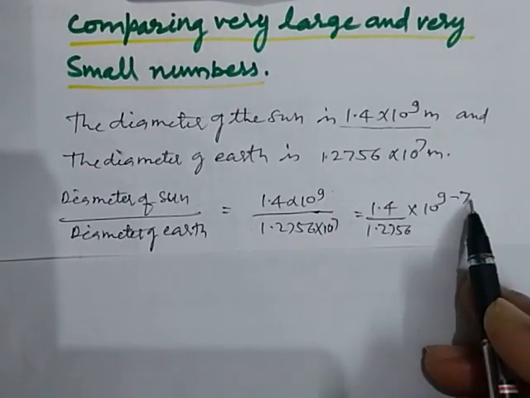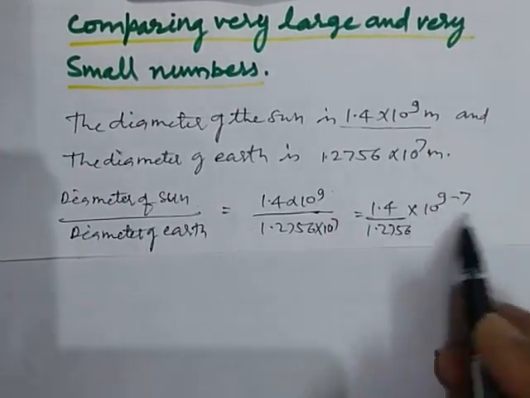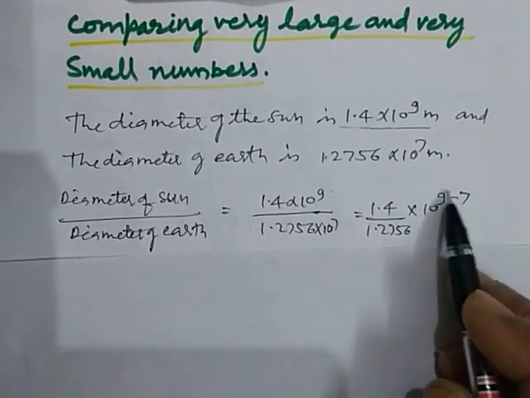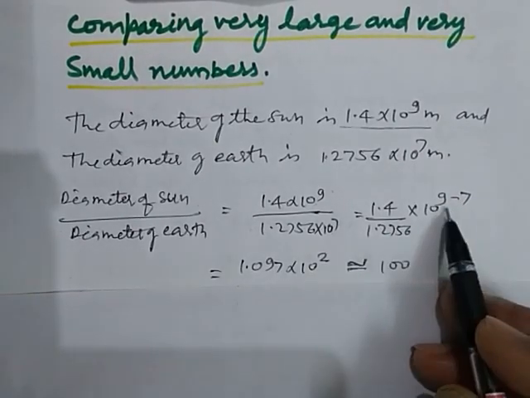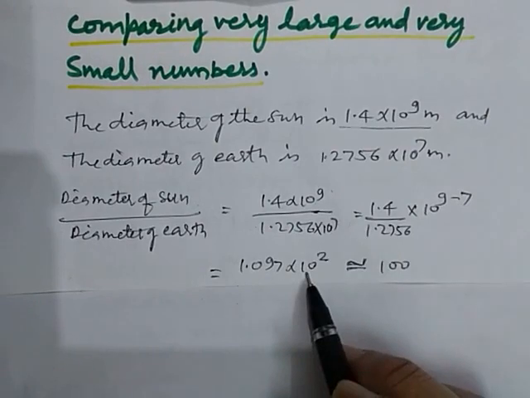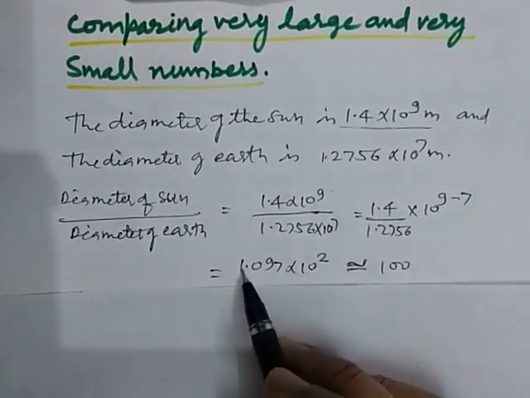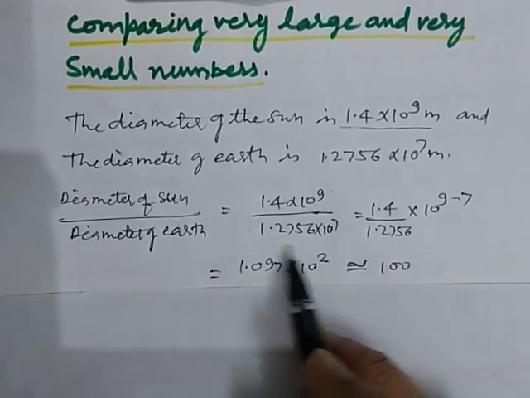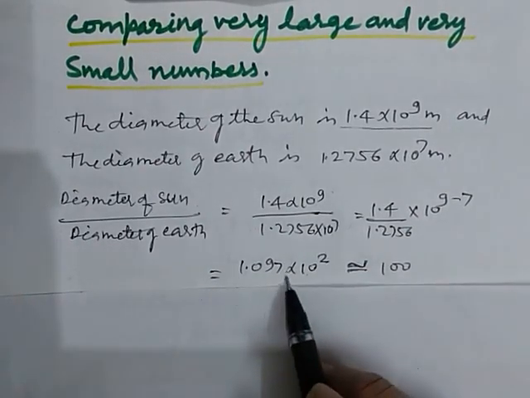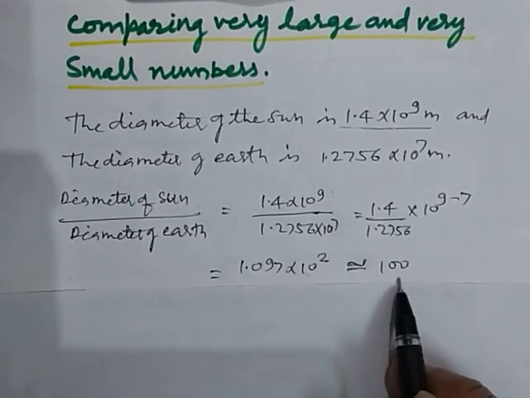So here this is m, this is n. This way we can subtract them. So this becomes 10 raised to the power 2, and by dividing 1.4 by 1.2756 we get 1.097. If we take this as 1, this becomes 100.